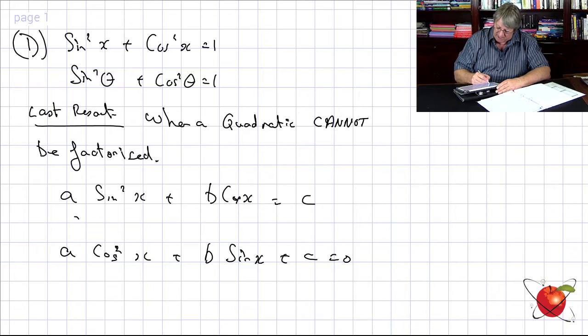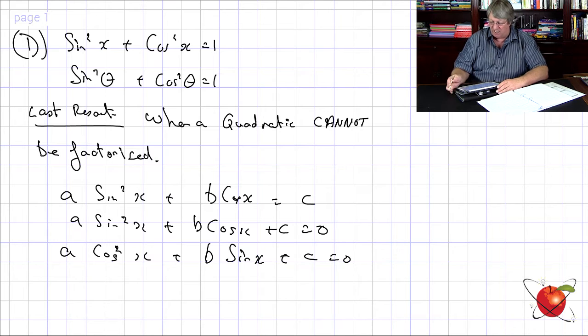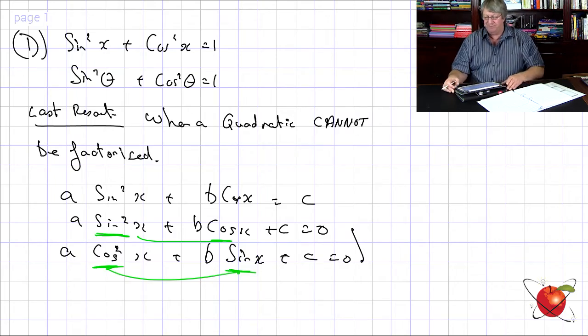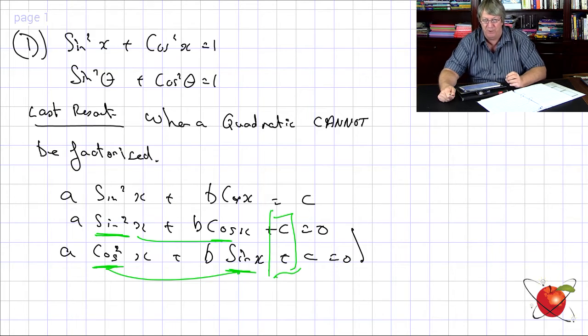This one I would make it a sine squared x plus b cos x minus c plus c, let's say, equals 0. Then it's in this type. What is my problem here? My problem is I've got a sine squared and a cos squared and a sine. I cannot use cofunctions here. Why? Because I have got a third term c.